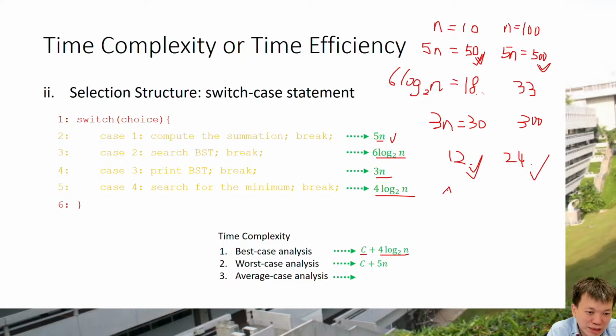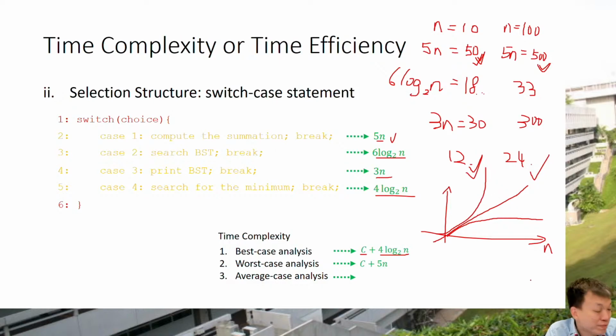If you plot the graph, the linear function increases linearly as n increases, but the logarithmic one saturates after a while. The growth is not that fast compared to linear. The quadratic one will grow in this manner.